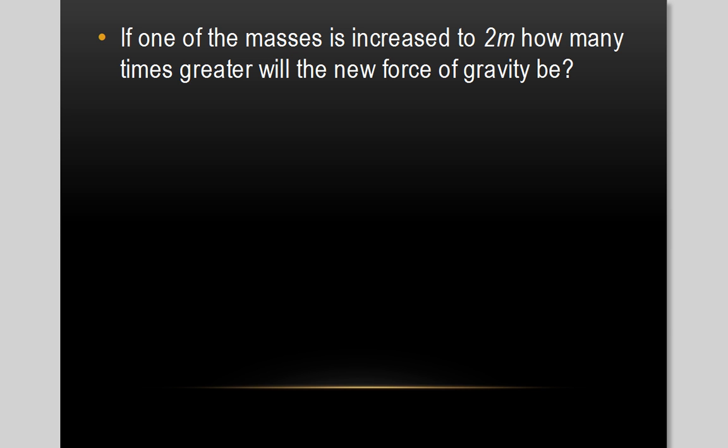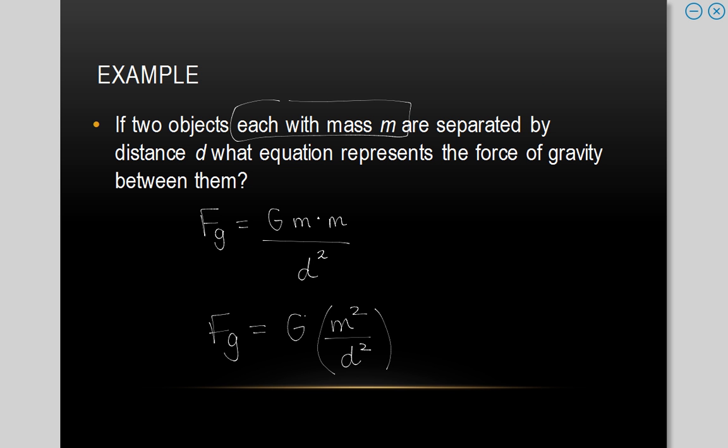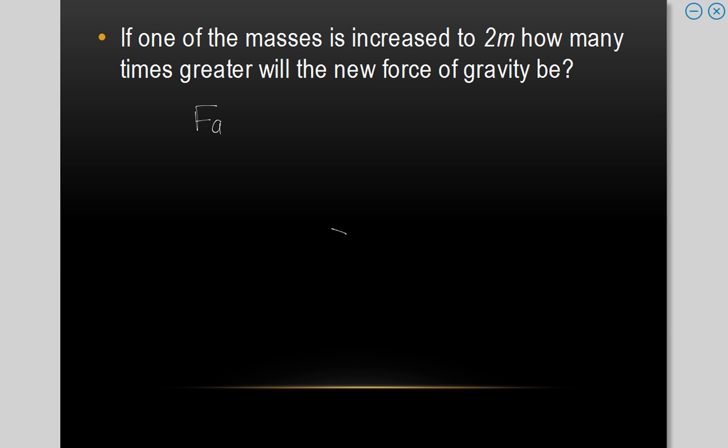If one of the masses is increased by 2m, how many times greater will the new force of gravity be? So let me just copy and paste this to the next slide. Fg equals G m squared over d squared. Alright, so to do this type of question, we've done it a little bit before in the past.